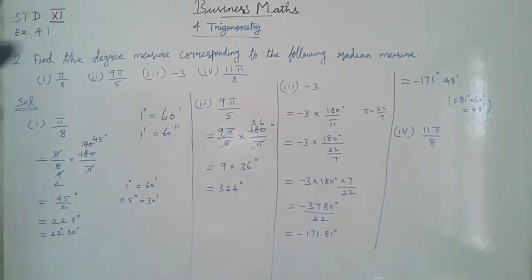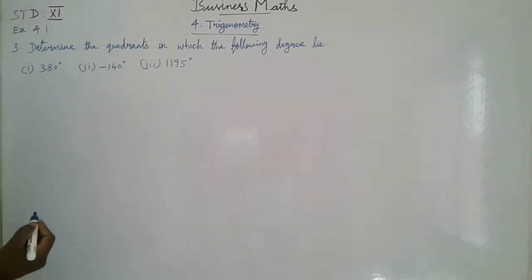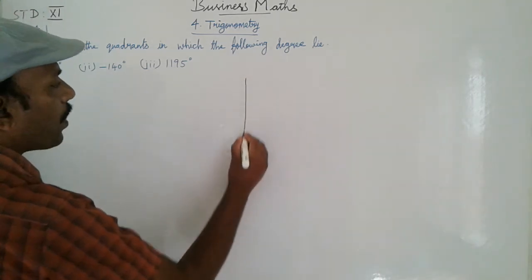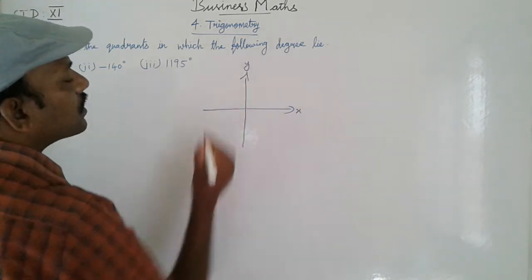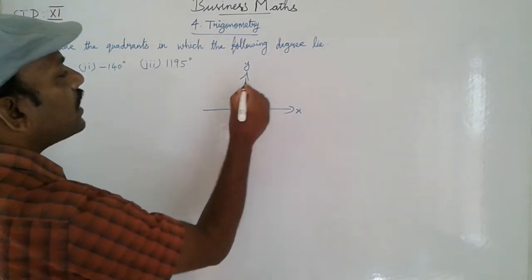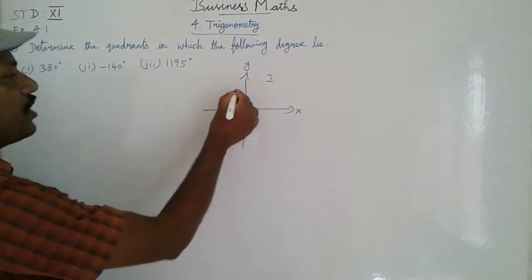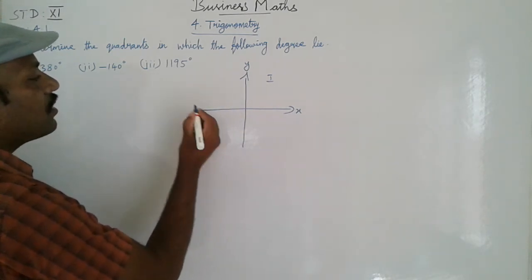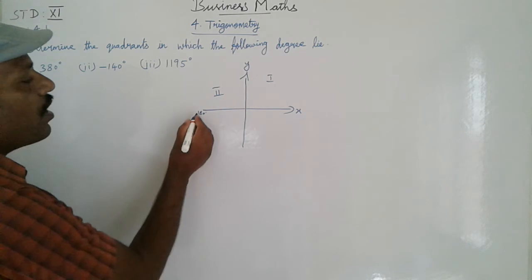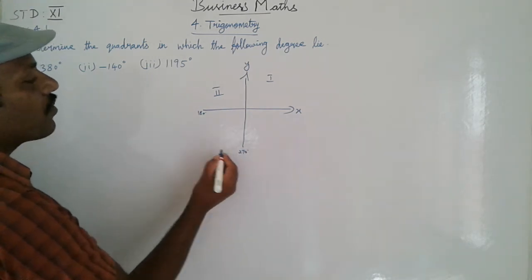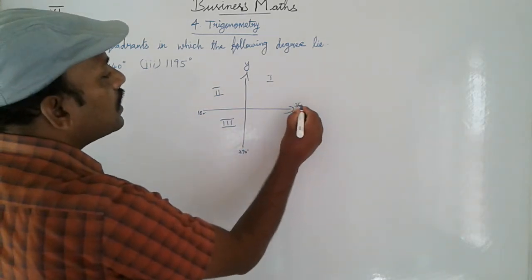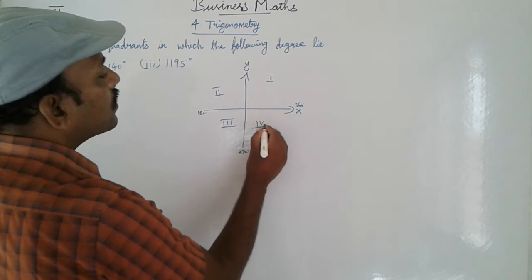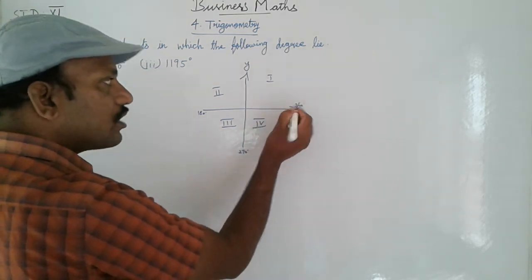Do it. Third sum, determine the quadrants in which the following degrees lie. The first one, we should take the x-axis and y-axis. So 0 to 90 is the first quadrant. 90 to 180 degrees is the second quadrant. 180 to 270 degrees is the third quadrant. 270 to 360 degrees is the fourth quadrant. 360 is also 0, coming to 0 here.